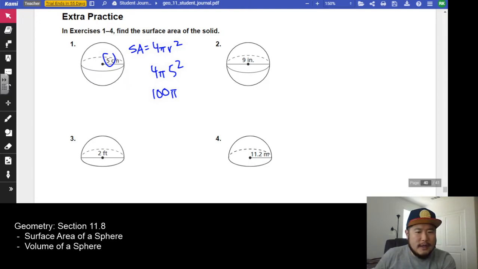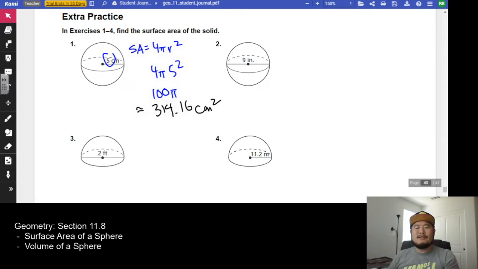Then if you were to calculate that in your calculator, you get yourself 314.16 centimeters squared. And that would be the approximate to the nearest hundredth. And I know that Big Ideas, the book, happens to have the answer in the nearest hundredth.